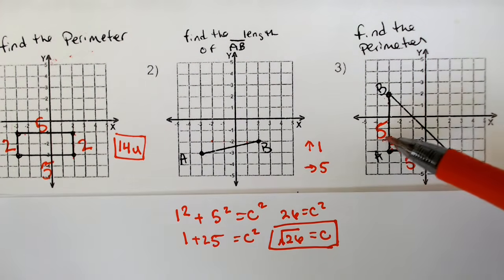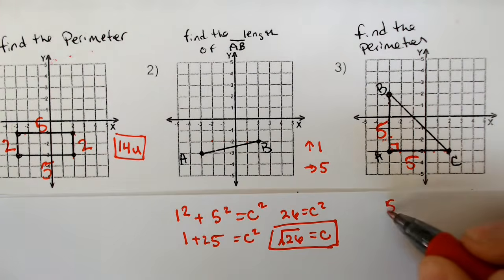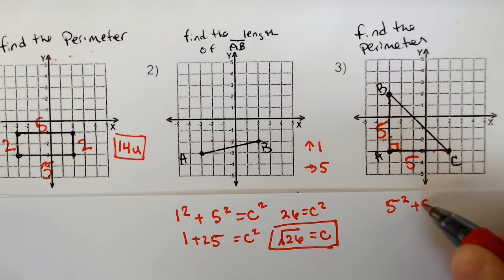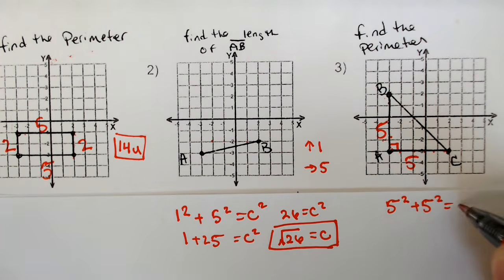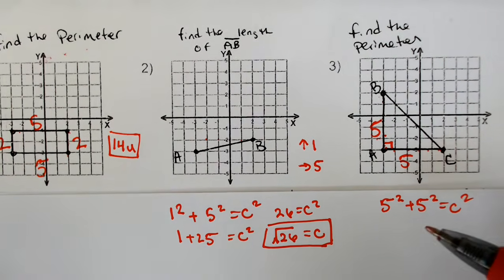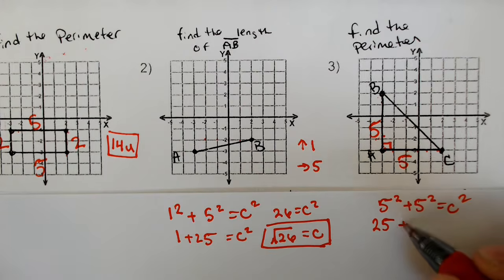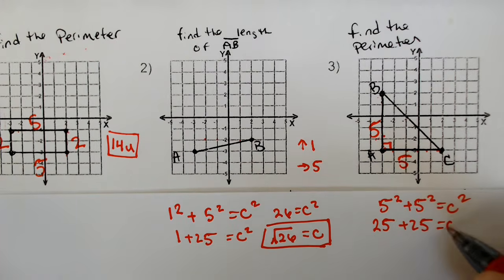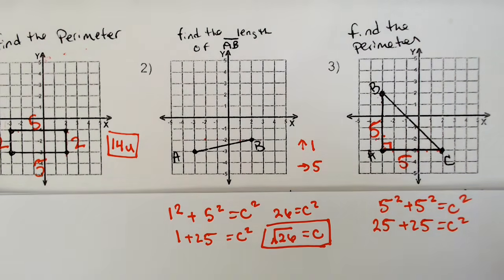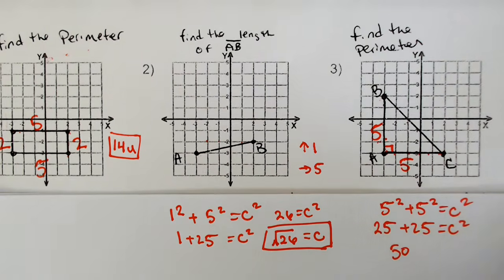So we know our A and our B for our Pythagorean theorem. So we got 5 squared plus 5 squared equals C squared. 25 plus 25 equals C squared. And then you get 50.